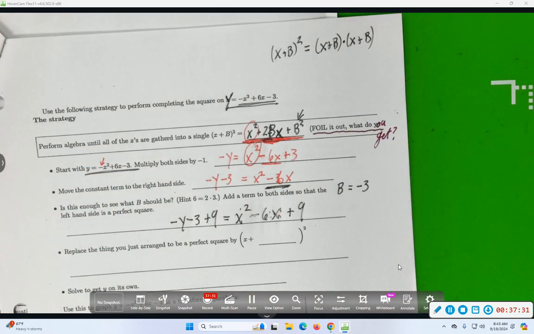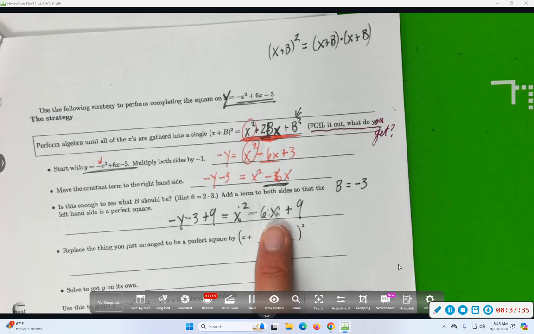All right, so what's the whole point of doing this? This side is now a perfect square. We have now completed the square.